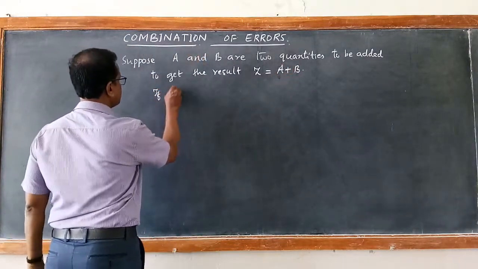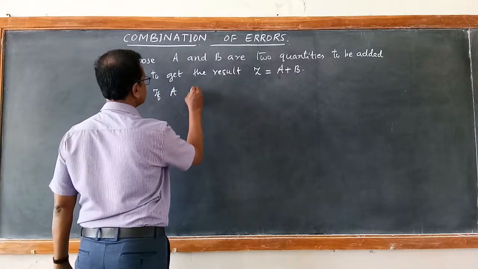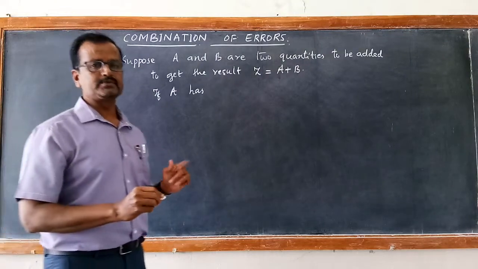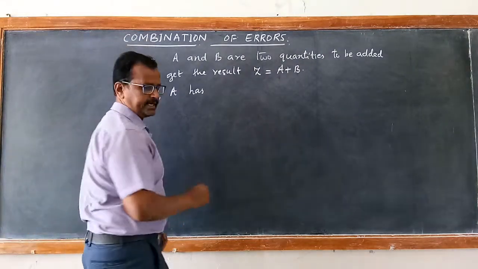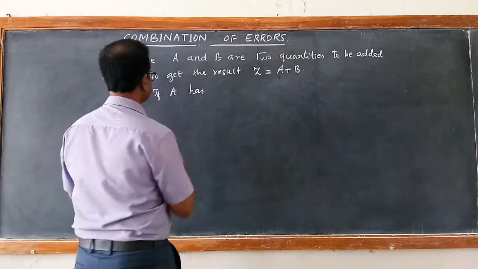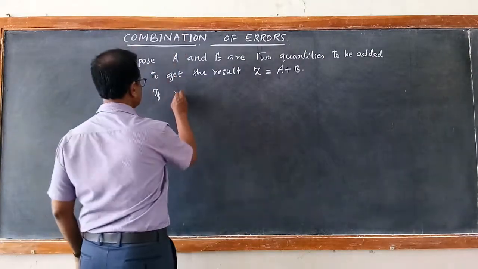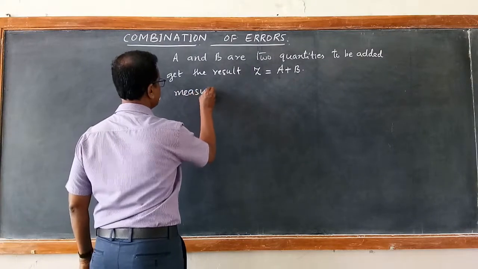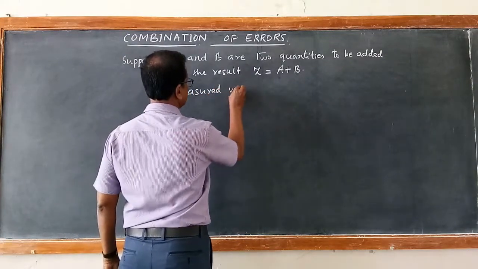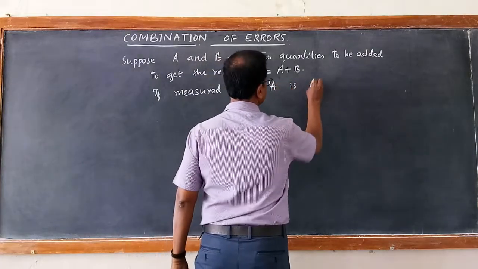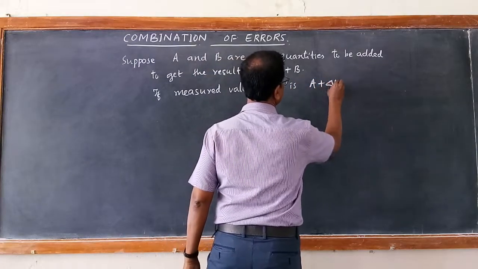If A has delta A as absolute error, then the measured value of A is A plus delta A.